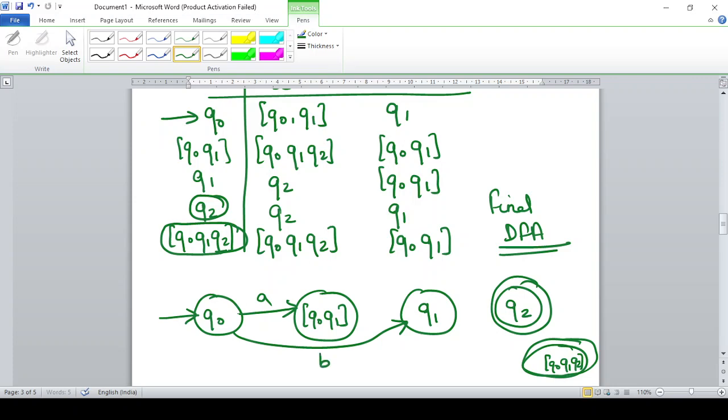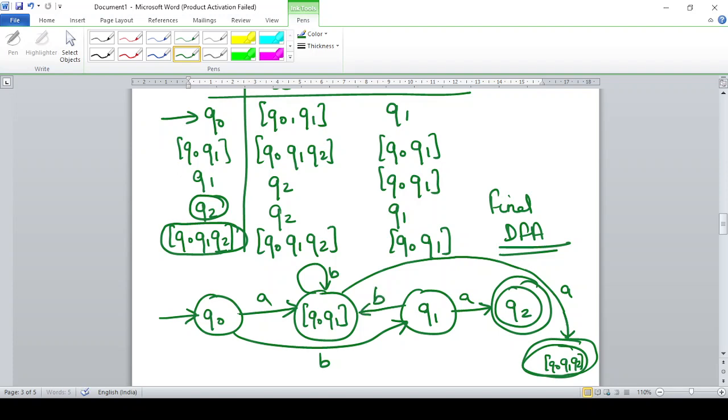Q1. Q0 Q1 you are giving A, you are going to Q0 Q1 Q2. So I will draw an arrow from here, labeled A. When you give B, you are going to Q0 Q1 itself. Q1 A, it is Q2, and Q1 B, it is Q0 Q1.